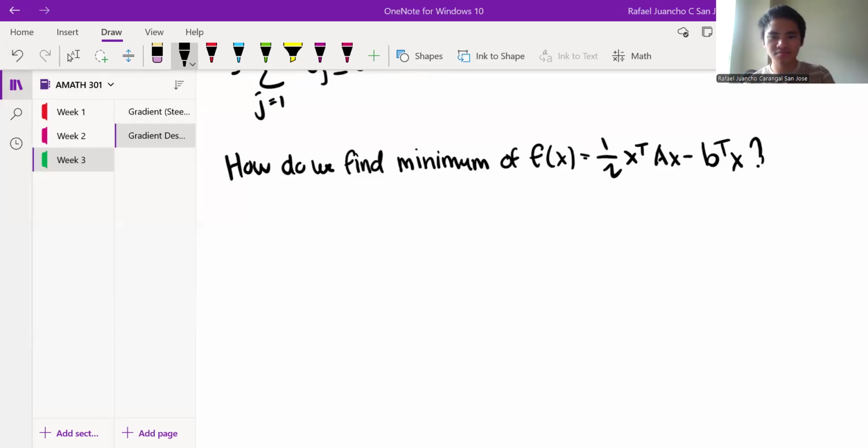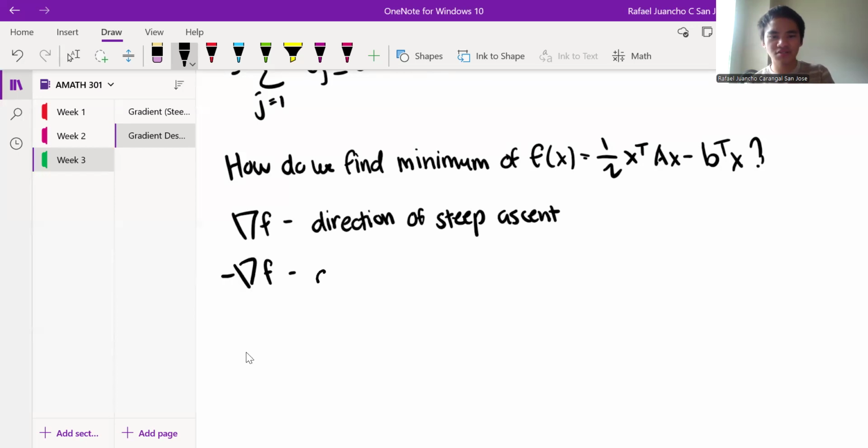Well, this was the direction of steepest ascent, ascent meaning going up. And so to change it, we just have to change its orientation. Now this is the direction of steepest descent.